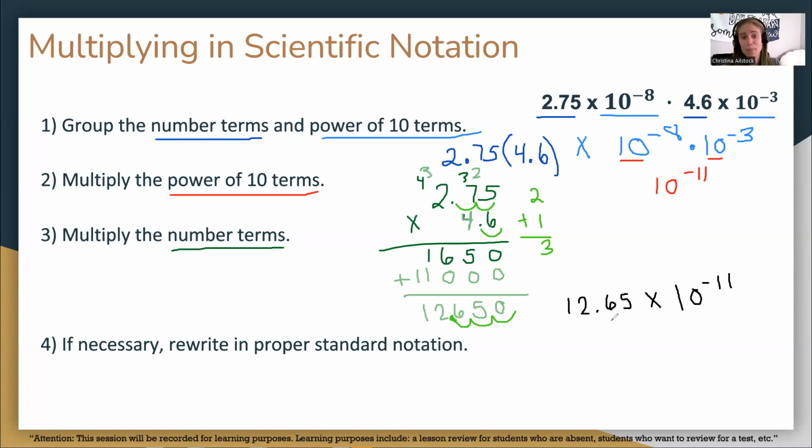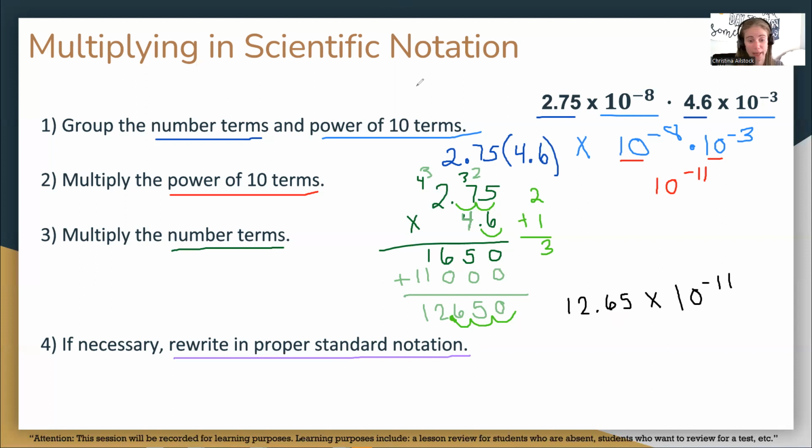We fix that by moving our decimal point. Currently, so this is going to be step 4 here, we're rewriting it in proper scientific notation. So if we look at this, if I moved it one way to the right, that would make my number 126 and 5/10. That's not less than 10.